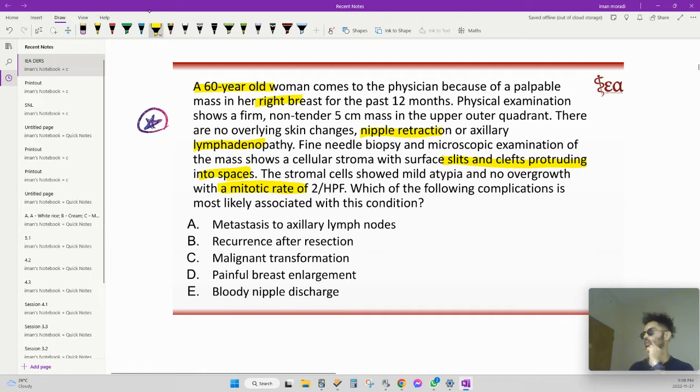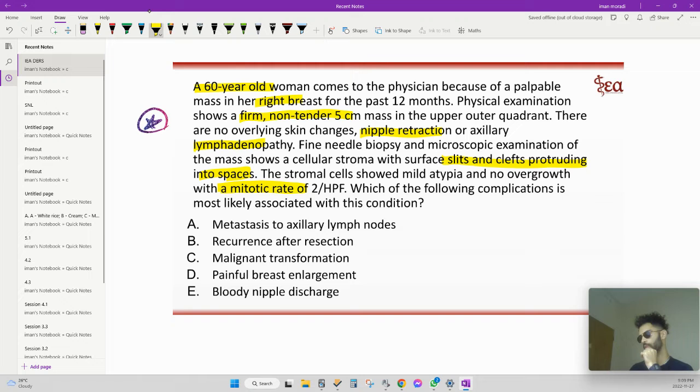60-year-old, there's a mass on the right breast for the past 12 months. It's firm and non-tender. Non-tender makes me think of kind of a malignant thing, at least not an infection. There's no overlying skin changes, nipple retraction, or axillary lymphadenopathy, so no visible abnormalities. Fine needle biopsy microscopic examination shows cellular stroma with surface what?